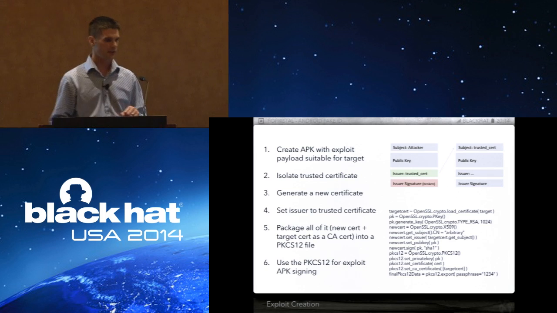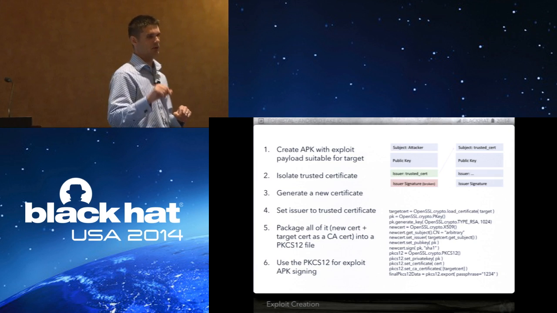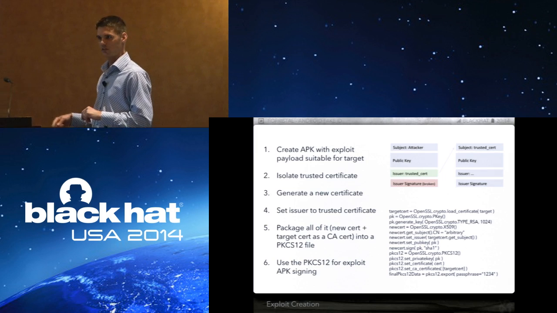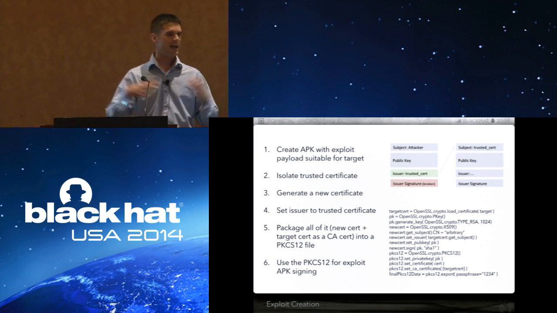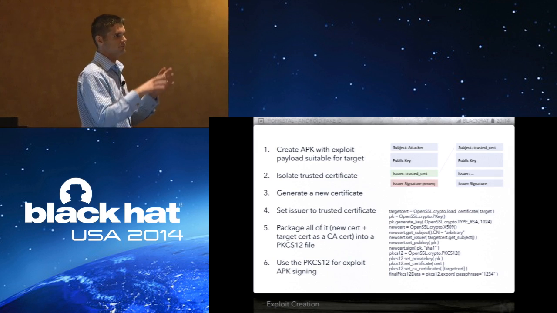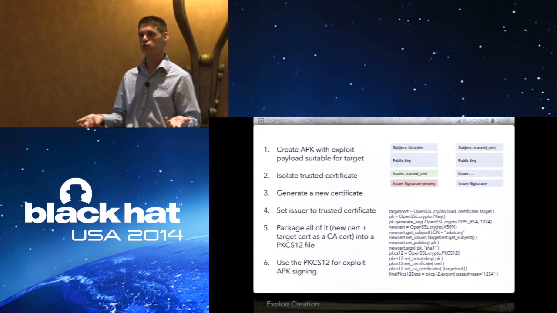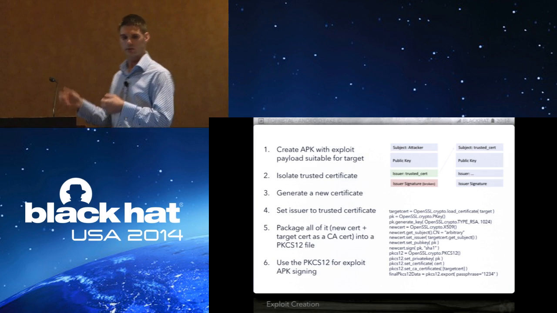Then they're going to go through that process that I visually depicted. They're going to generate a self-signed cert. They're going to update the issuer of that certificate to the trusted cert. And then they're going to use standard tools to package that combination cert into the standard kind of certificate key stores that the Java signing tools and Android tools consume and use. And then just use the standard Android tools to sign it and ship it.